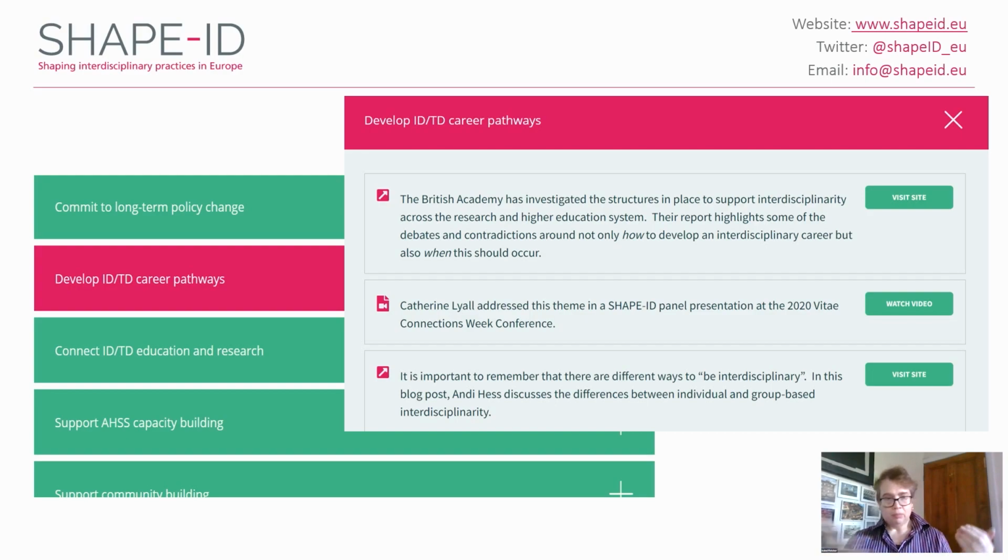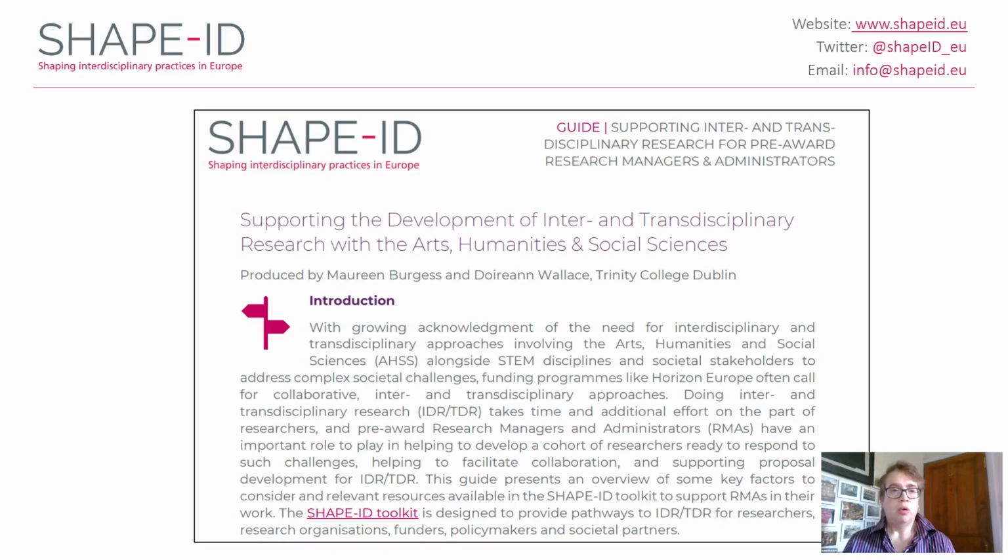So it's the same structure where you go directly to a series of research resources with our little description. But one of the key resources we wrote, next slide please, was a kind of pack for research managers. And the title is supporting the development of inter- and transdisciplinary research for the arts, humanities and social sciences.